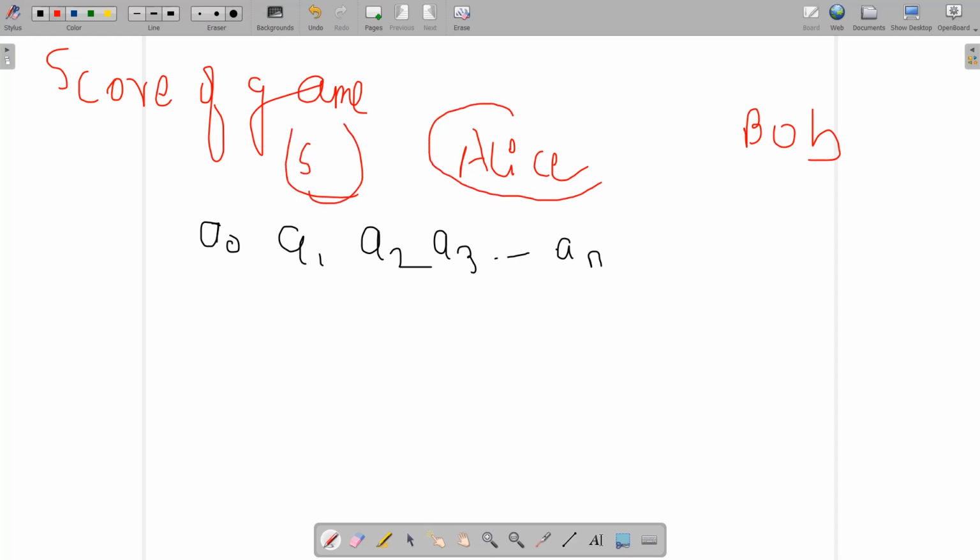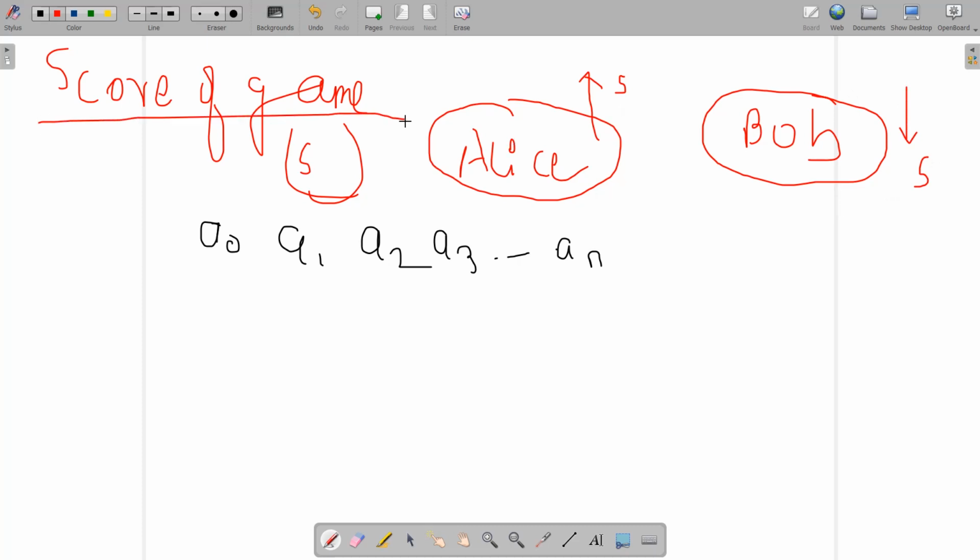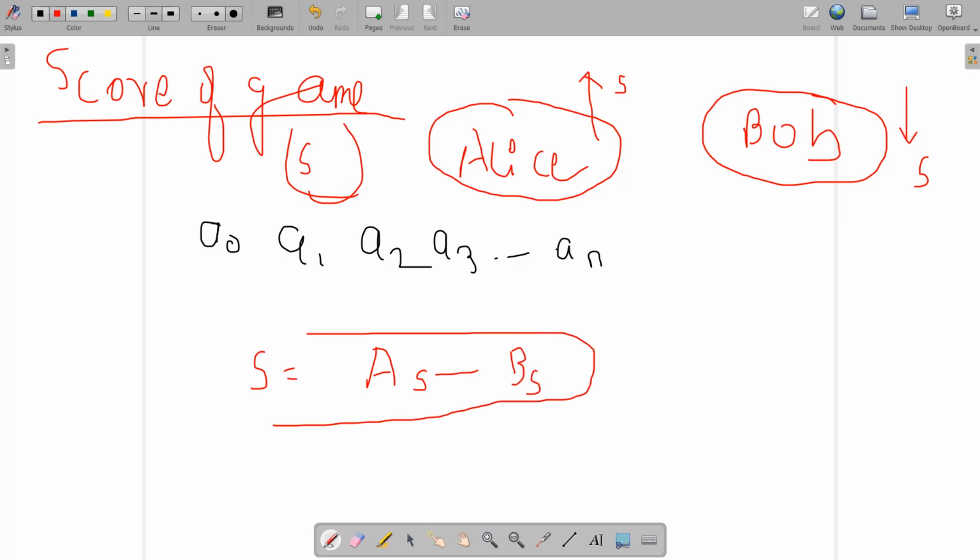This is very important for solving this problem. Alice's strategy is to increase S, the total score, and Bob's strategy is to decrease S. And what is S? The score of the game S is equal to Alice's score minus Bob's score. I will discuss what idea we can get from this statement.